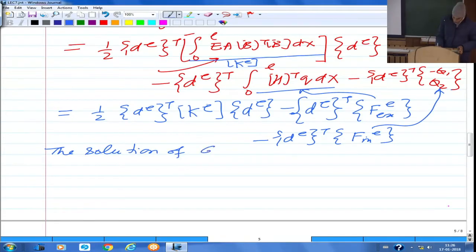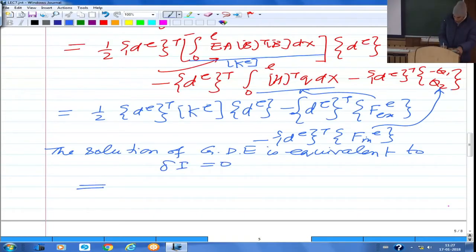Or you can say the equilibrium would be satisfied when delta of I equals 0.